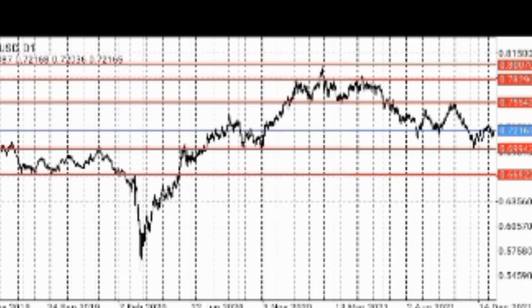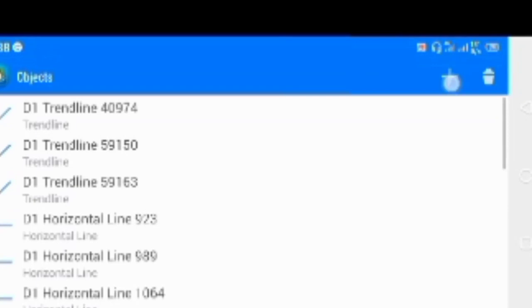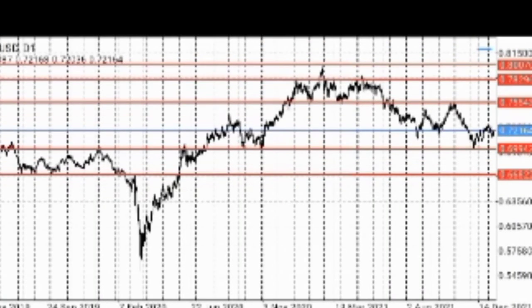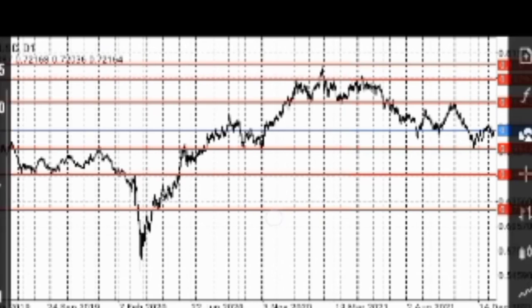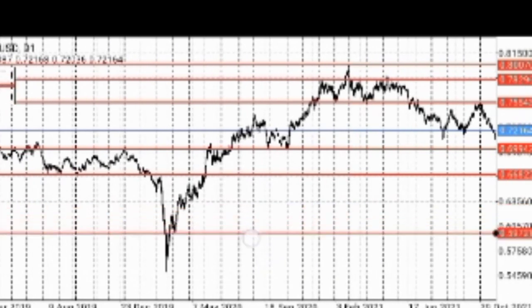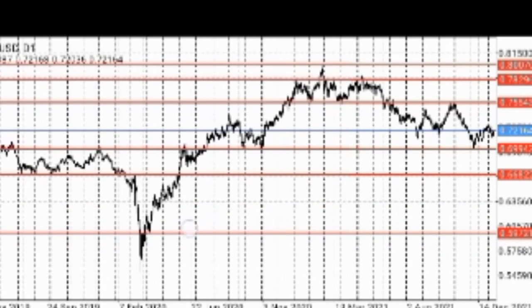So these are my significant levels. I can still add if I want to go down. This is another significant level. So these are my significant levels.